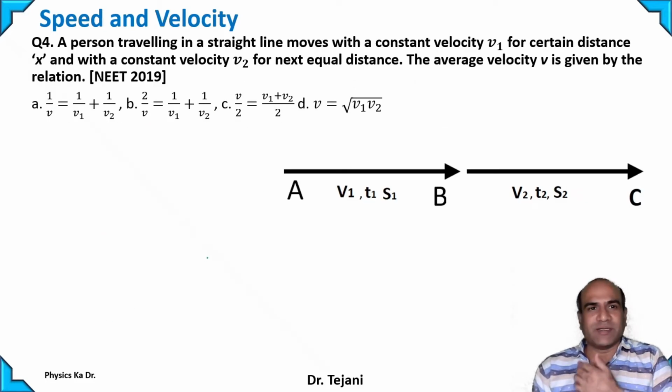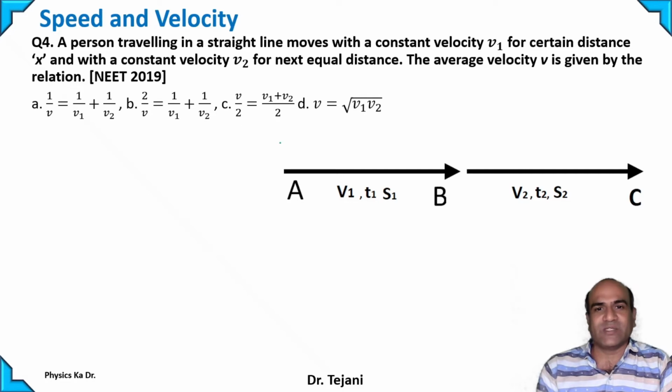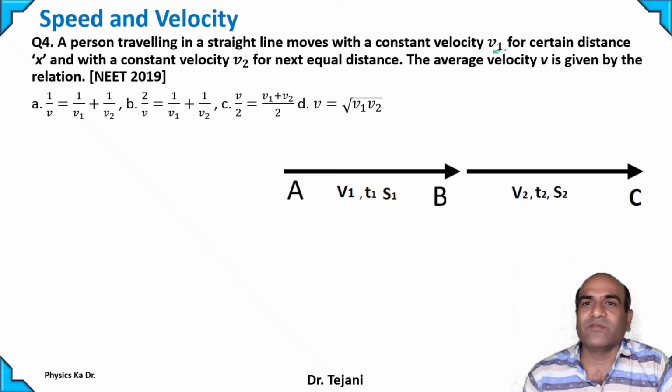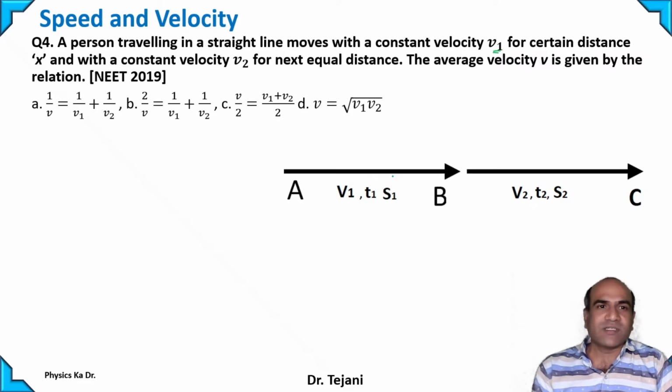Then another question. A person traveling in a straight line moves with a constant velocity v1 for a certain distance x, let's call this distance x, and with a constant velocity v2 for the next equal distance.